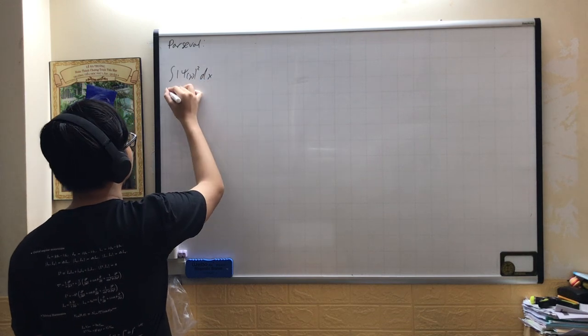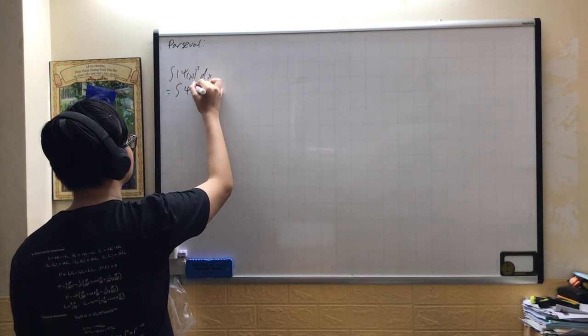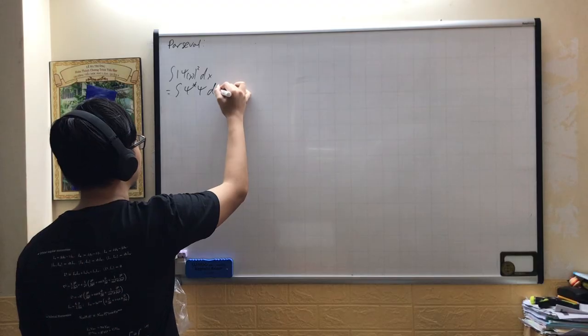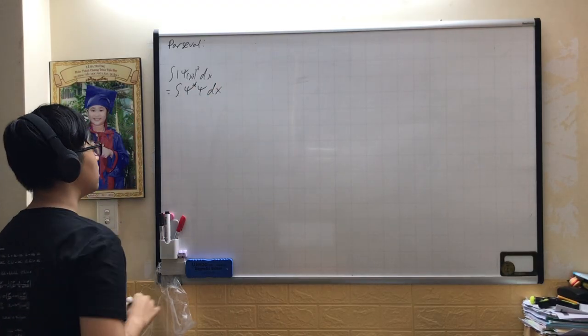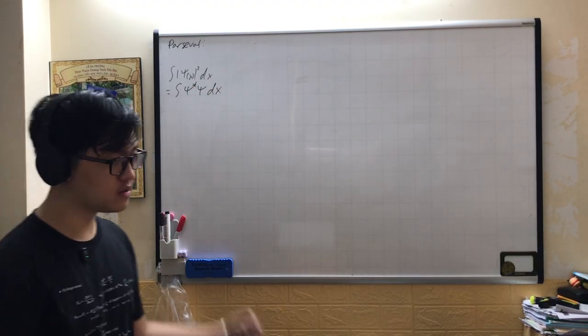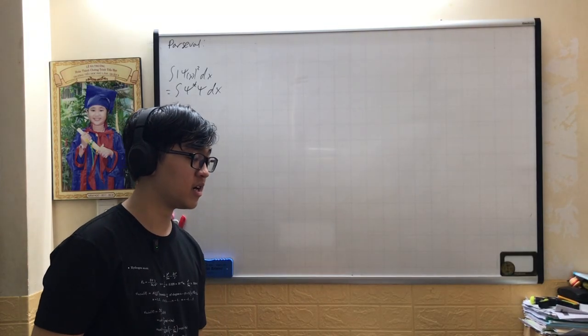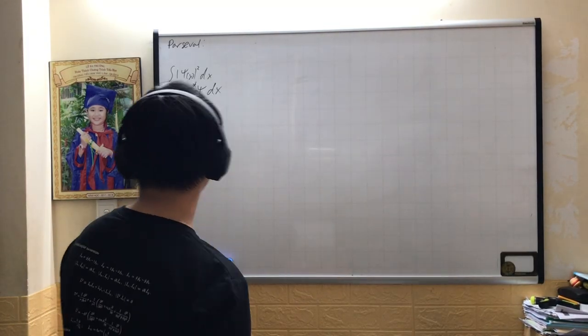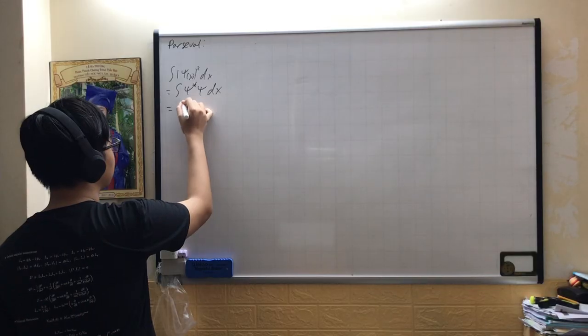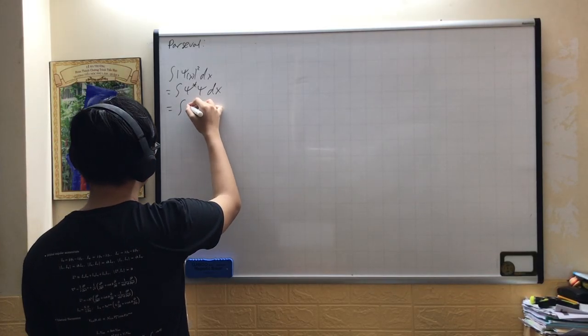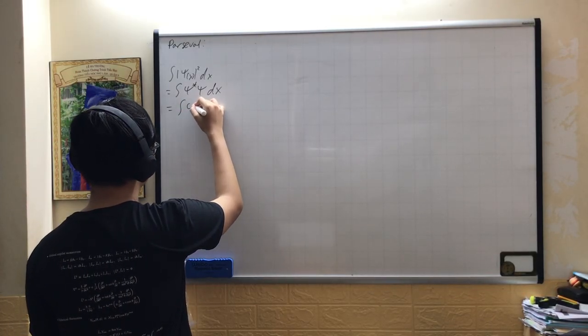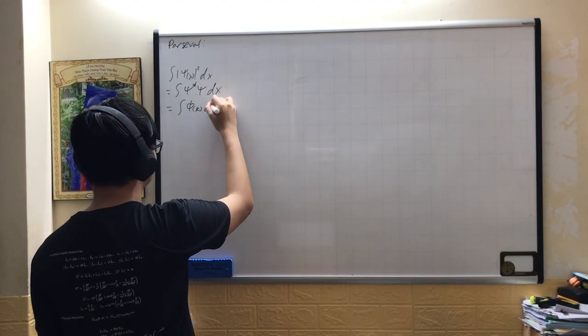I'm gonna write this as psi star psi dx. And if we put this into the k-space, you would get something like this, dk.